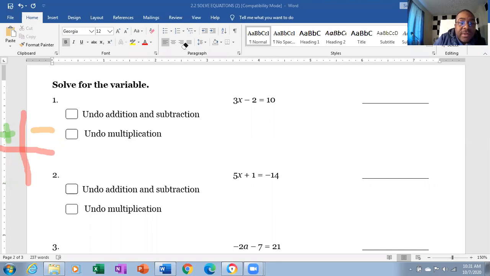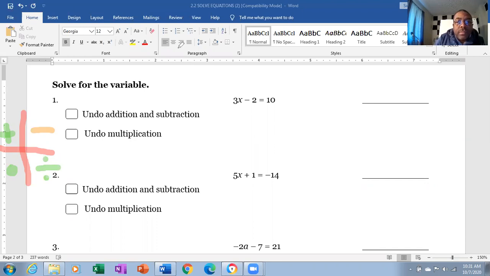So for multiplication, what we do now in high school, and if you go to the military or if you go into college, you're going to use a little dot, okay? And the opposite of multiplication is division. Okay? All right, good.